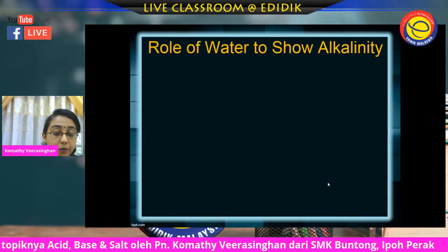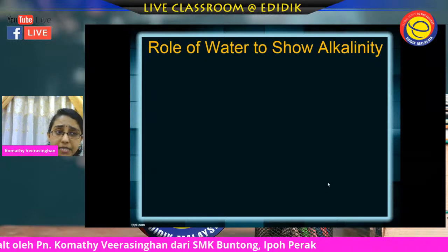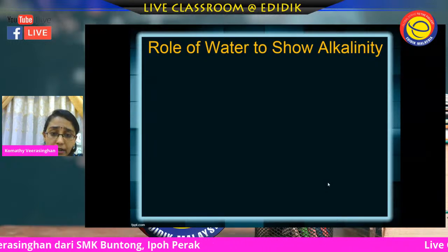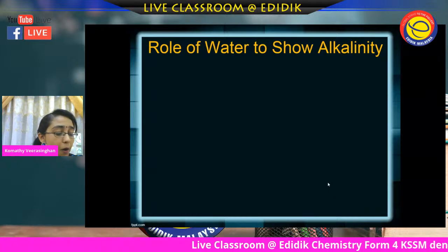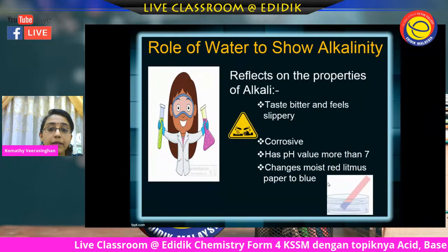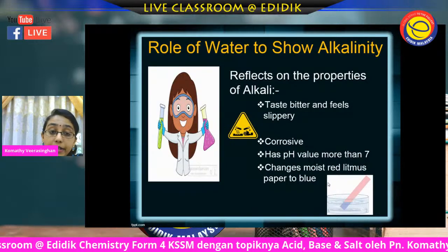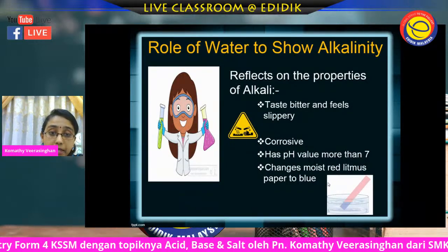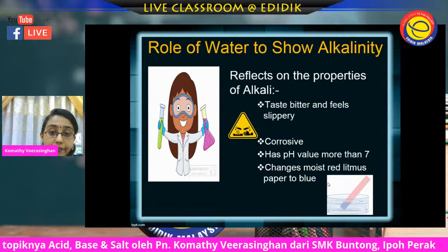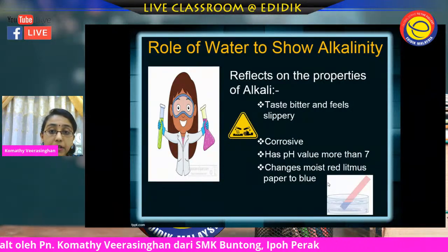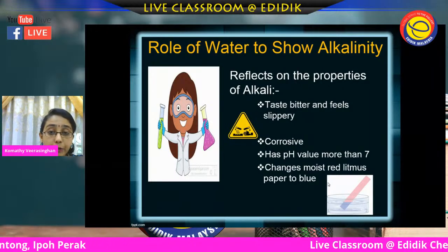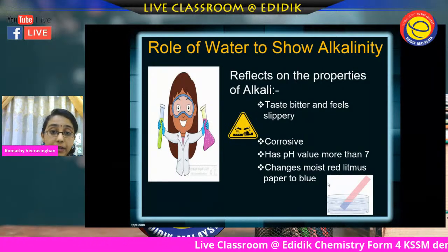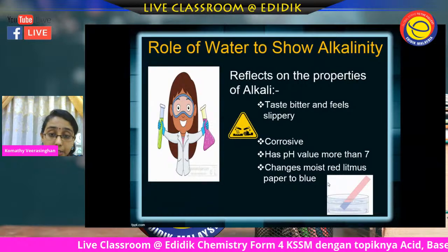Okay, just now we looked at the basic properties of acid. Now let's look at alkaline. The basic properties of alkaline: first, it tastes bitter and feels slippery. The best example for this is your soap. Just now I told you, bases and alkalis are used to make soap.